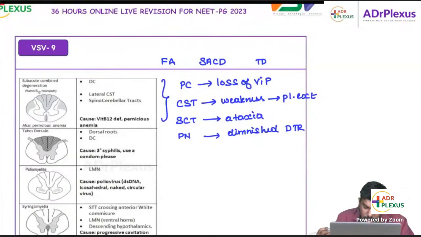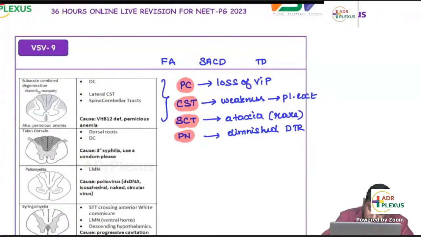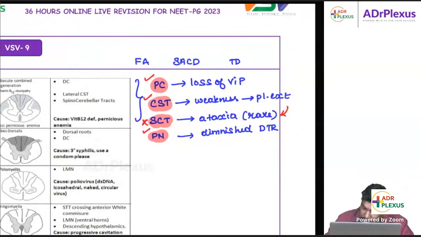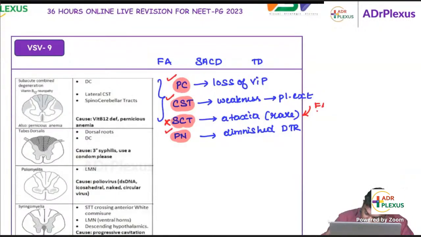Spinocerebellar tract involvement is a little rare here. The cardinal features are these: posterior column and corticospinal tract. Whenever the spinocerebellar tract is involved, it is more specifically seen in Friedreich's ataxia.